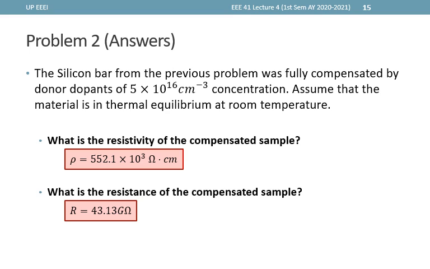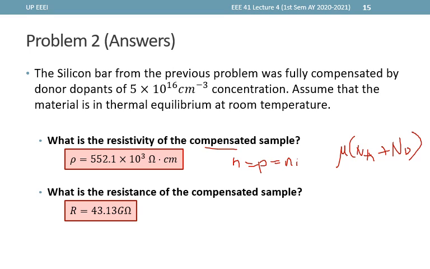So in summary, we were able to compute the resistivity, but note that we used for the compensated sample that n is equal to p is equal to ni, and then the mobility is a function of Na plus Nd.